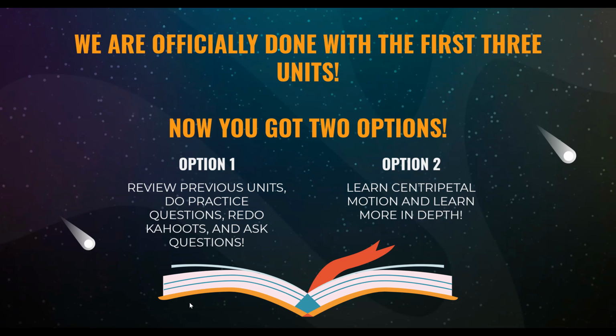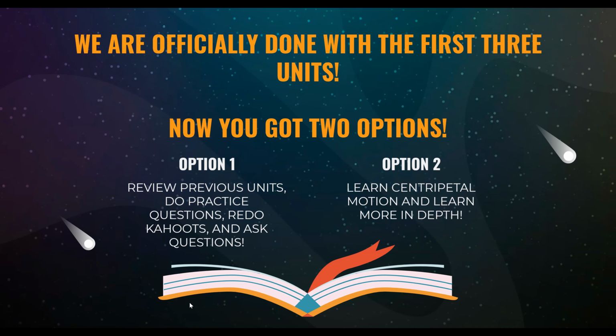We could redo some Kahoots, because in the last Kahoot only 38% of the questions were answered correctly. That's not a very promising number. And if you have any questions I wasn't able to answer, that would be a really good time to ask.